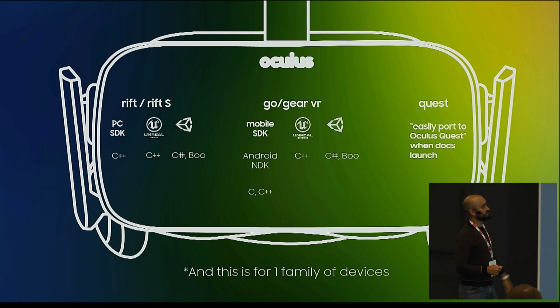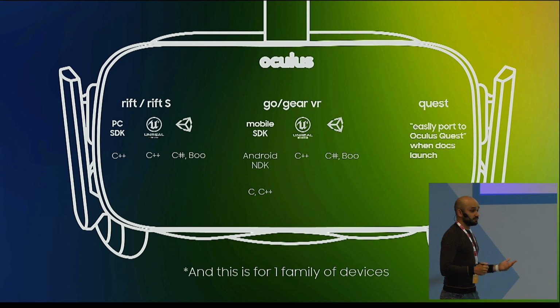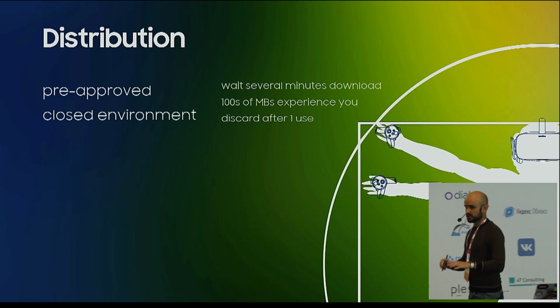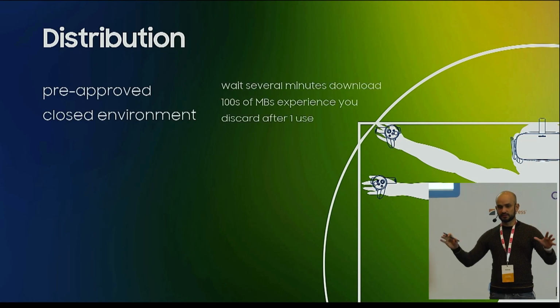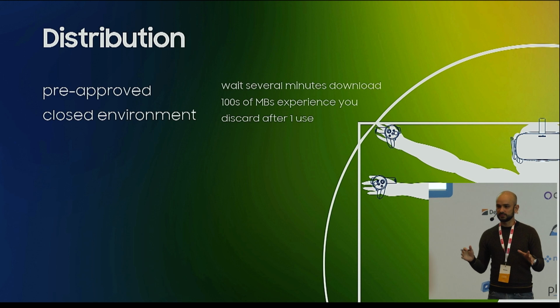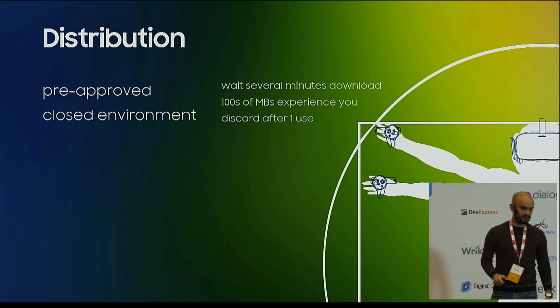But again, C#, Boo, and the upcoming Quest documentation, as of yesterday on the Oculus website, indicates that you will be capable of easily porting your experiences. So you can see how it gets more and more complicated. And this would be for only 1 device family. We're not counting the Vive, we're not counting Microsoft mixed reality devices. It's just for 1 family of devices.